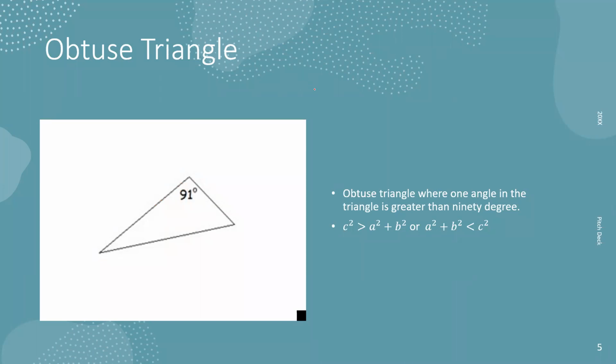If you were given side lengths, you could use this formula to figure out if it's an obtuse triangle or not: c squared is greater than a squared plus b squared. This is equivalent to saying a squared plus b squared is less than c squared, because it's always backwards.